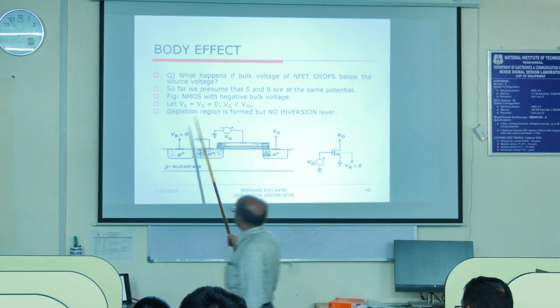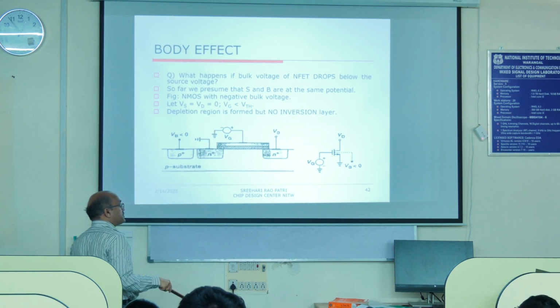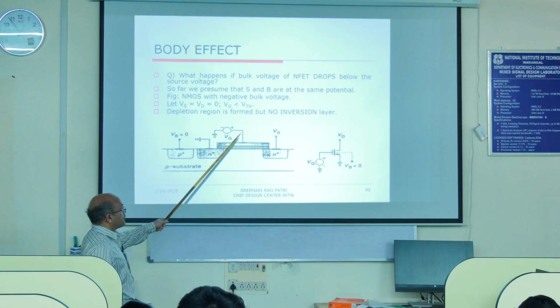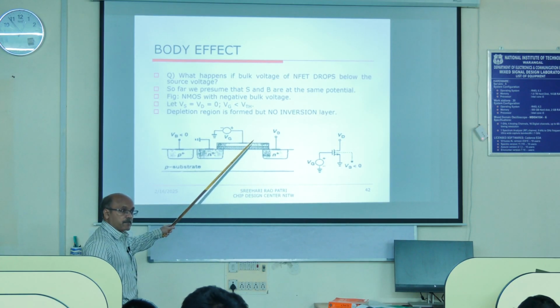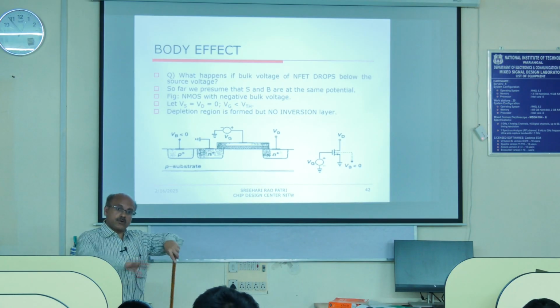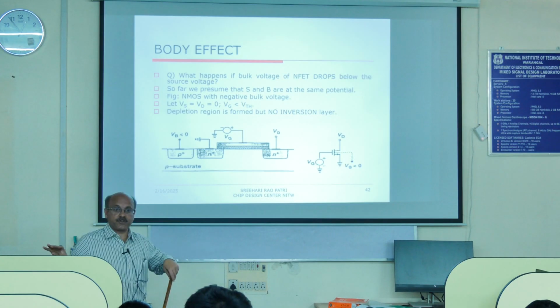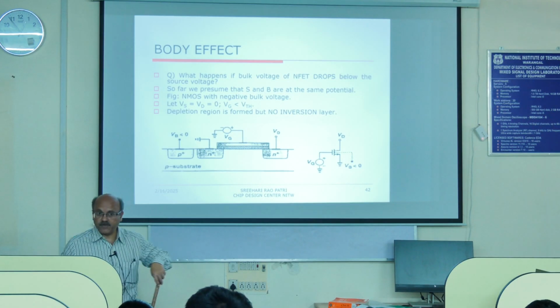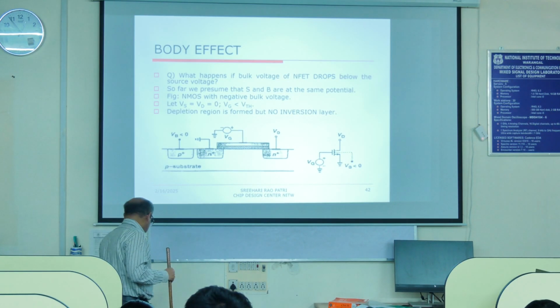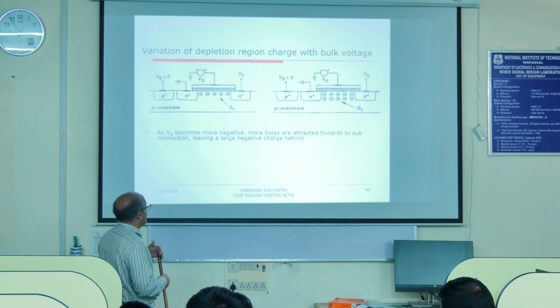At this point the depletion is formed because some gate voltage is applied. Because the holes have gone down, some depletion is formed, but the applied gate voltage is not sufficient to form the inversion layer. That is the situation.